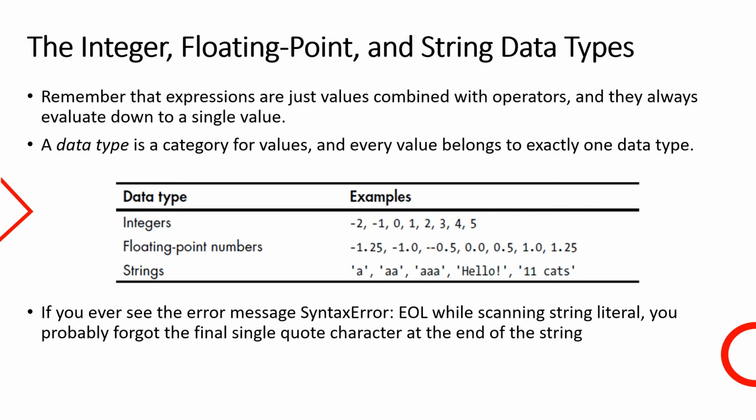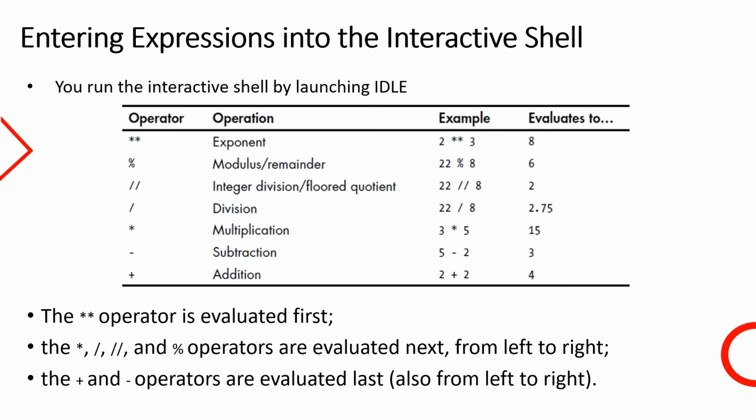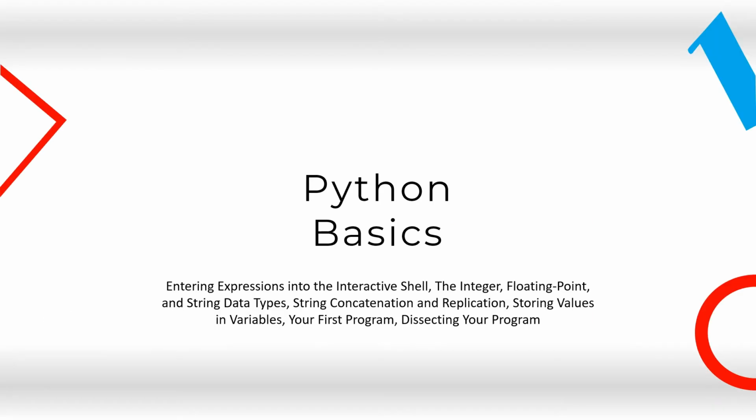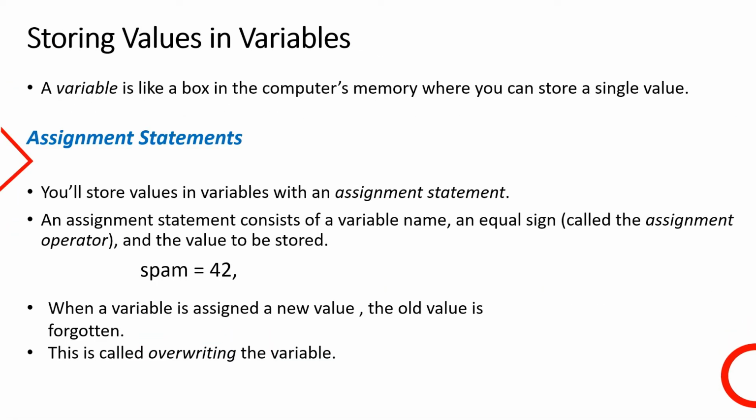Then we saw the integer, floating point and string data types, and what the valid values for these data types are. Then we saw how to enter expressions into an interactive shell and the precedence of different operators. Now in today's class we are going to study storing values in variables.